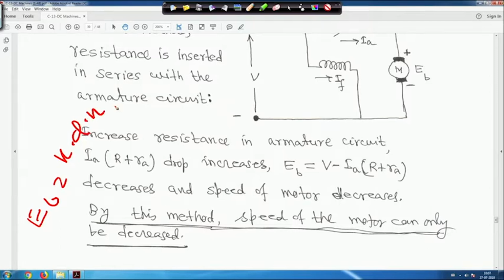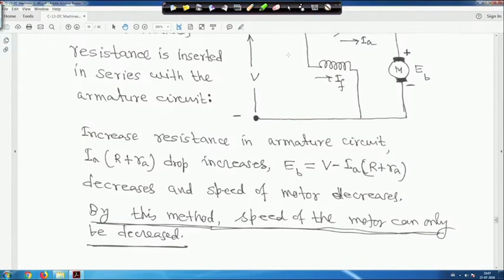Because we have inserted that resistance R, this drop will increase, therefore EB will decrease. The field current IF remains constant, because nothing is connected here and the voltage V remains constant. So phi is also constant. Because of the decrease of EB, the speed N will also decrease, so almost linearly it should vary.